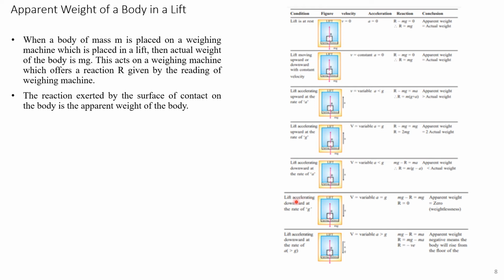The lift is accelerating downward at the rate of g. Then the lift is accelerating downward at the rate of a greater than g. So the relationship of velocity, acceleration, reaction and conclusions are shown here. Those of you who are interested may go through it in detail, otherwise a normal student may skip it.